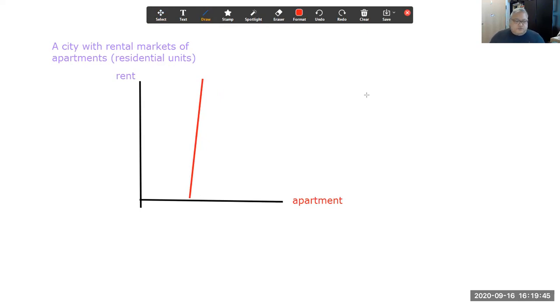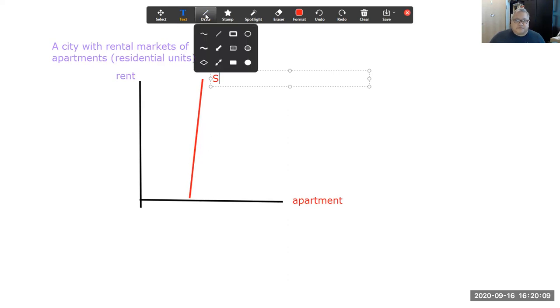Most of the short-term supplies happen when rents go up by so much that people are willing to take in strangers to live in their homes, in their in-law units or in their backyard units or even in their own homes. And so that actually could grow the supply of apartments. But it tends to have a very vertical structure to it.